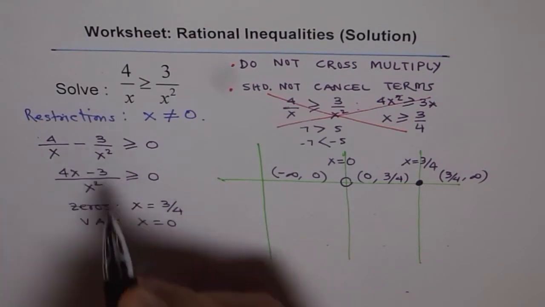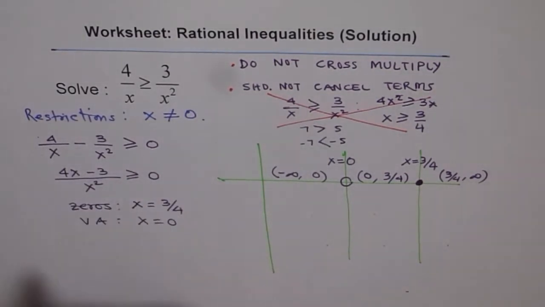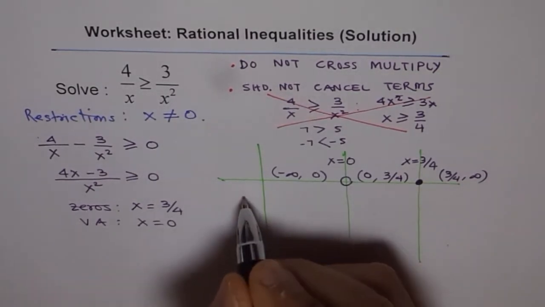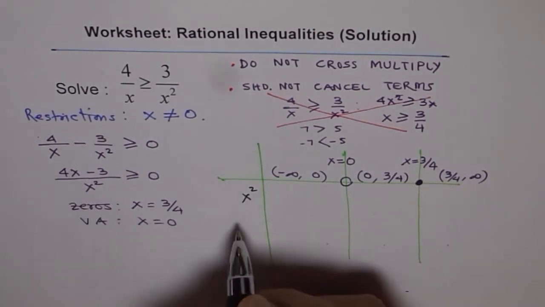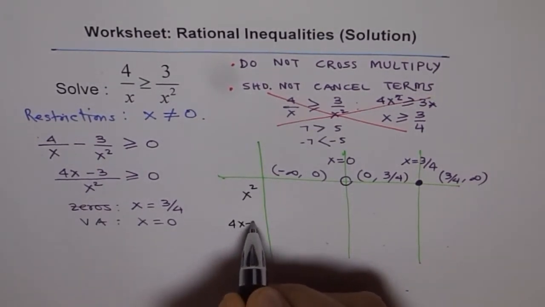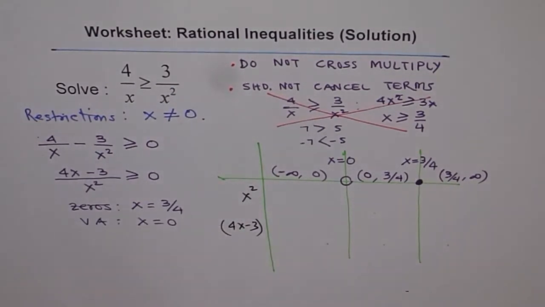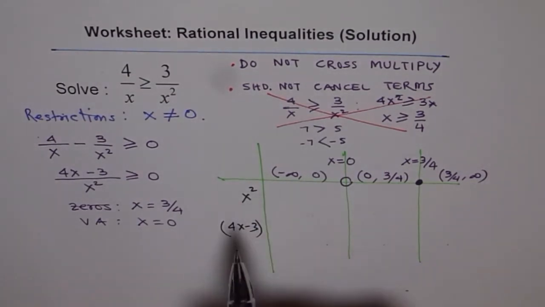Now let's write down all our factors on the left side. So the first factor is, let's write x square first. This is that 0, so I'll use a different ink here. Write down x square as one part of the function. The other factor is 4x minus 3. So these are my 2 factors, right? We will test them in these regions, right? So let's take some test points.